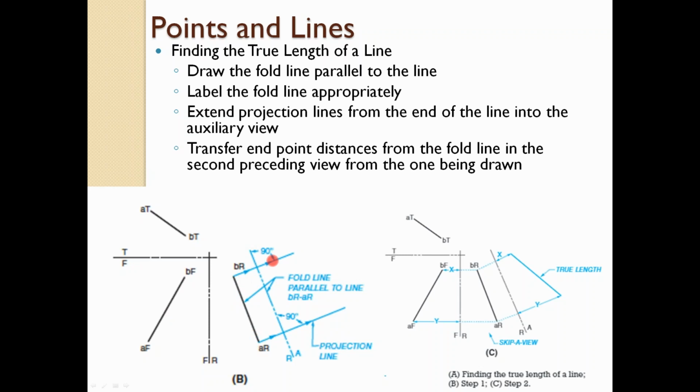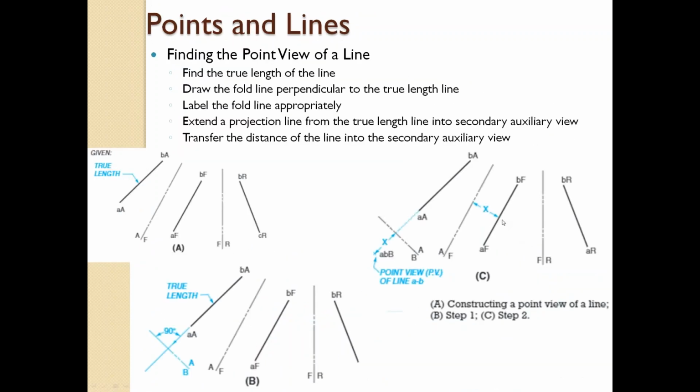Now you're going to have to project the auxiliary view by drawing a line that is parallel to the line BR and AR, draw the 90 degree perpendicular to the fold line, and then project them 90 degrees to the auxiliary view. Once you have that established, you're going to measure the distance. Always skip the view to get the distance. So this x is transferred to here, y to here, and this would be your true length from the auxiliary view.